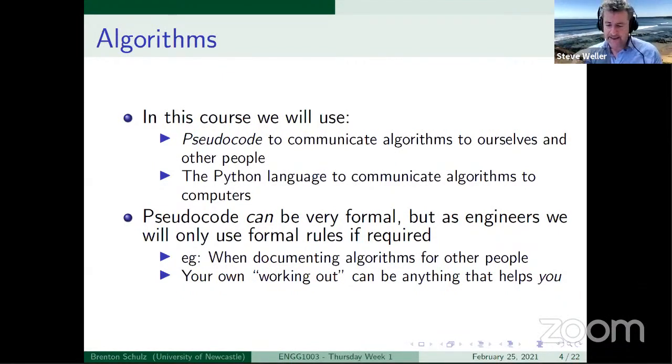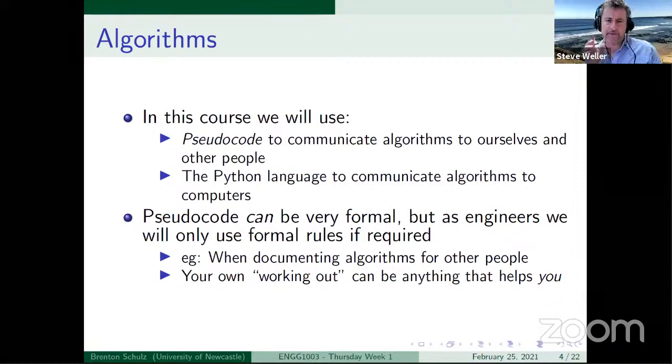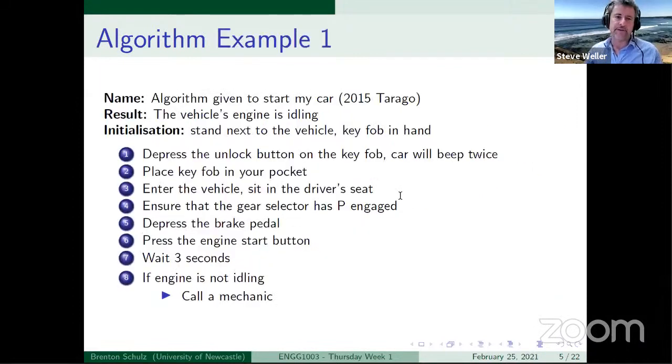If I'm thinking about how to solve a problem, pseudocode is typically what I do on a whiteboard with a pen in my hand, capturing the key steps in an algorithm, but I'm not actually writing code line by line. So Python is a precise language. Pseudocode is a way of capturing your working out, if you like.